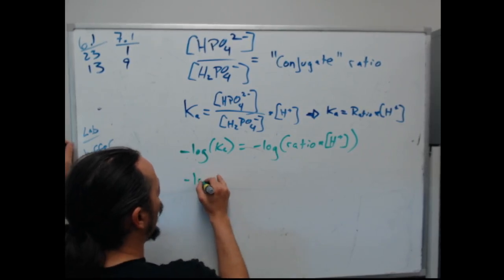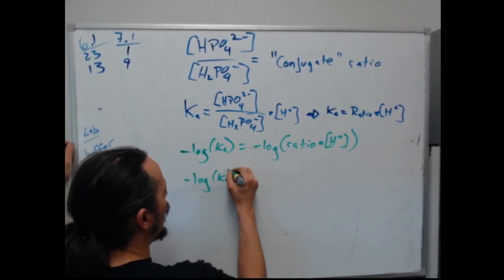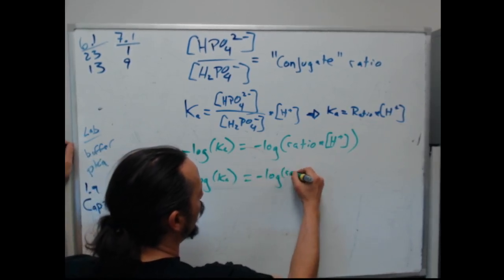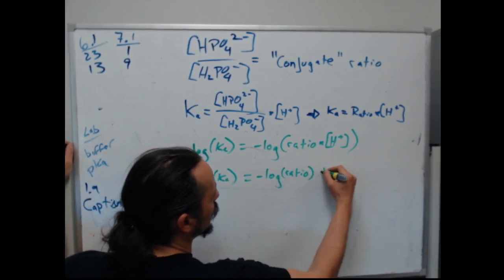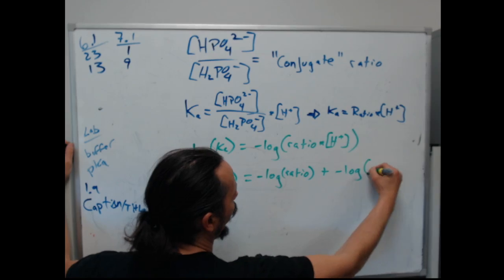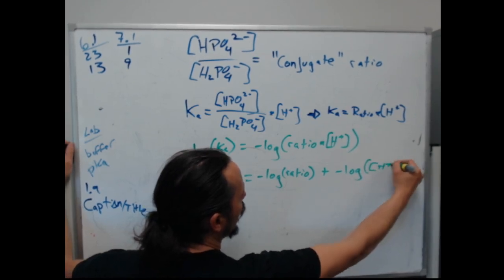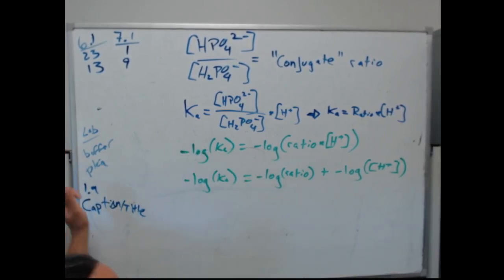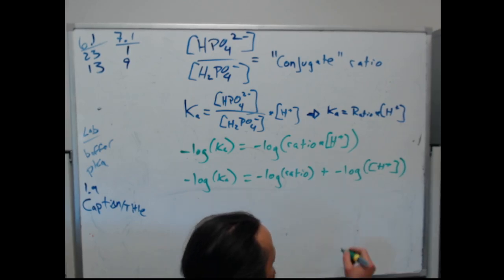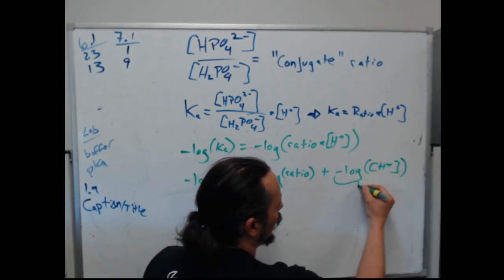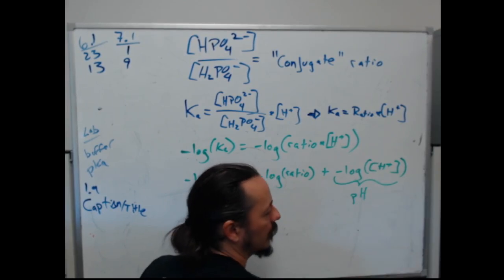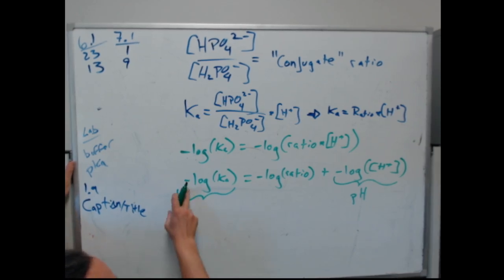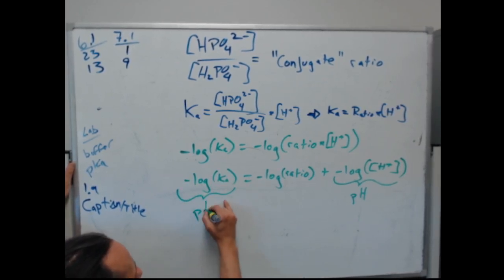We can call this negative log of Ka equals negative log of ratio plus negative log of H plus. And the reason that people like to do it this way, even though it's a little bit weird, is we know that the negative log of H plus, this whole thing is just pH. And then this whole thing, this is where pKa comes in. This whole thing, negative log of Ka, that's pKa.